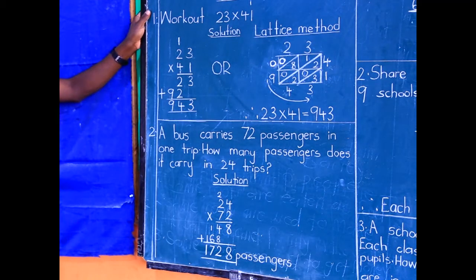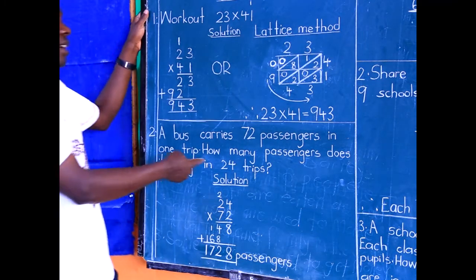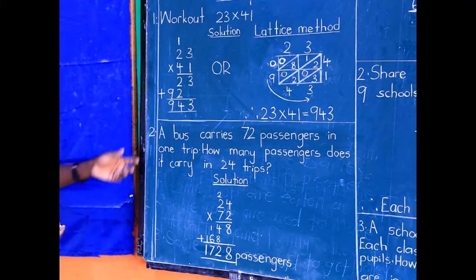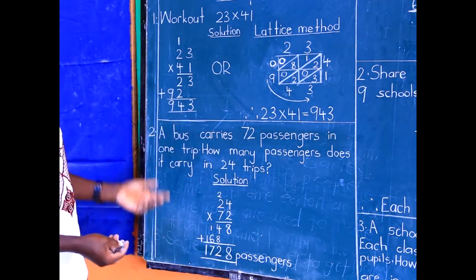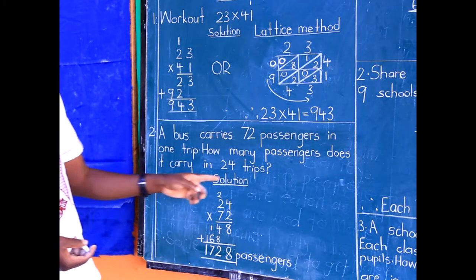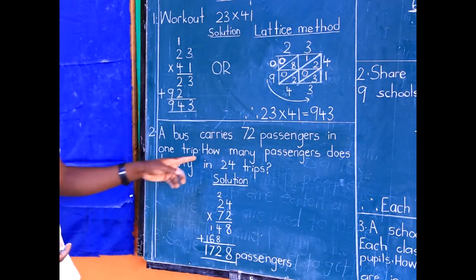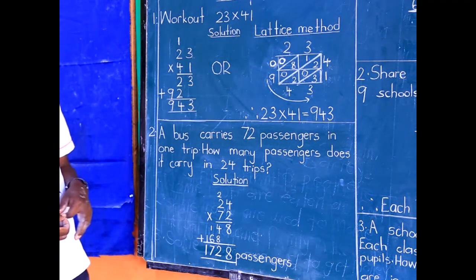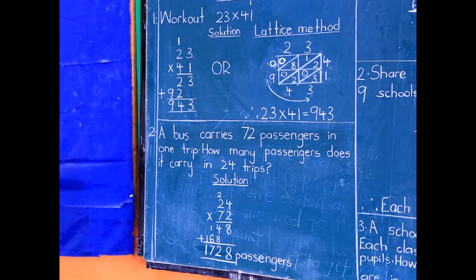So example number 2 reads, a bus carries 72 passengers in one trip. Then the main question reads, how many passengers does it carry in 24 trips? How does one then realize it will be multiplication?